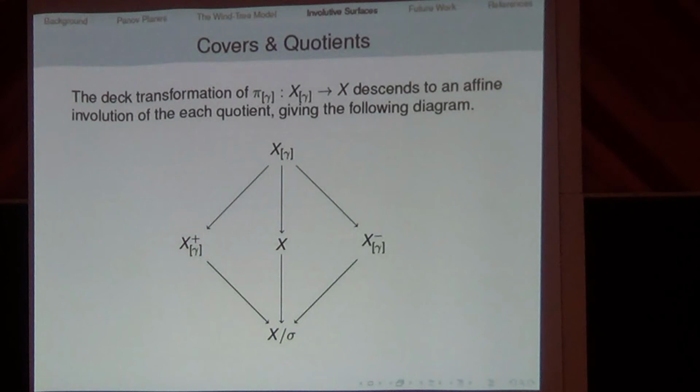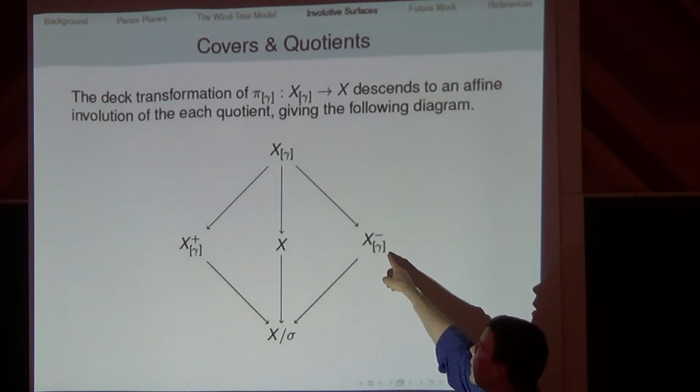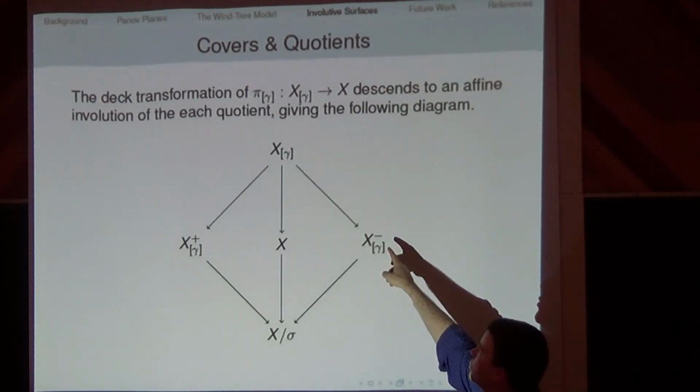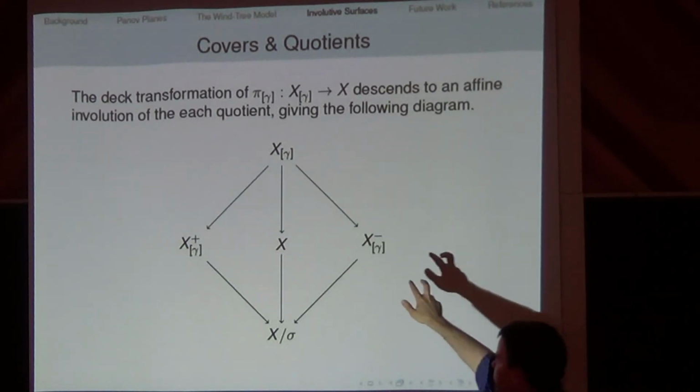Okay. And the Dehn transformation on that double cover actually descends to an involution on both of these surfaces. So these are quotients by your cover modulo those 2 different involutions. Those are these 2 things right here.